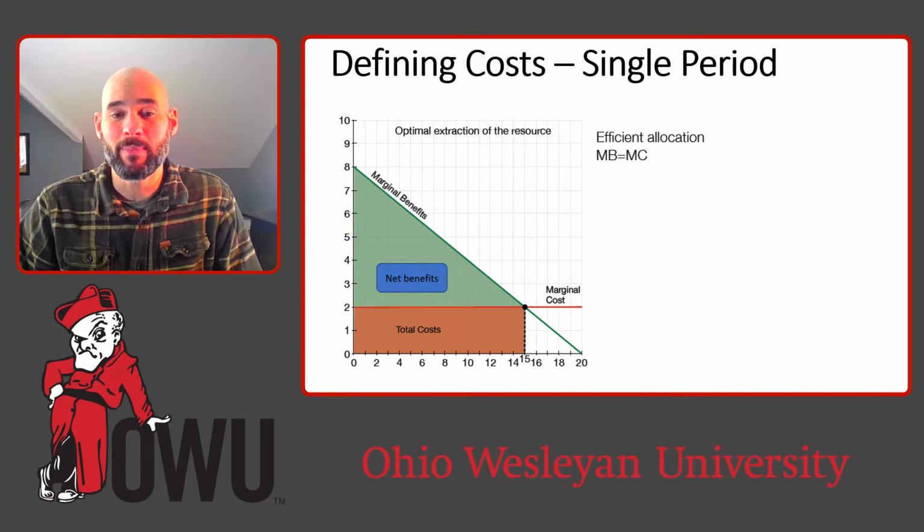And the net benefits are going to be the area underneath the demand curve up until that quantity, but above the total cost. And so if it costs $2 per unit to extract and we extract 15 units, then we're going to subtract $30 from that total benefits to give us the net benefits.